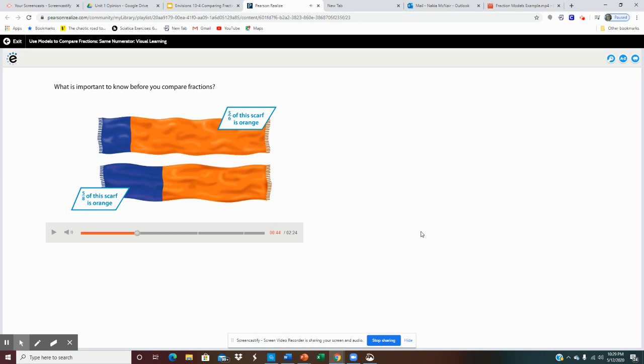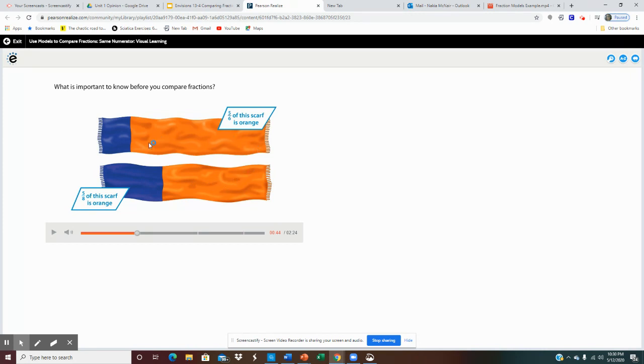Okay, boys and girls, so we're going to stop right here. As you can see, there are 2 scarves. We know that a portion of each scarf is orange or purple, but the focus, of course, is orange. For the first scarf, 5/6 of the scarf is orange. For the second scarf, 5/8 of the scarf is orange.